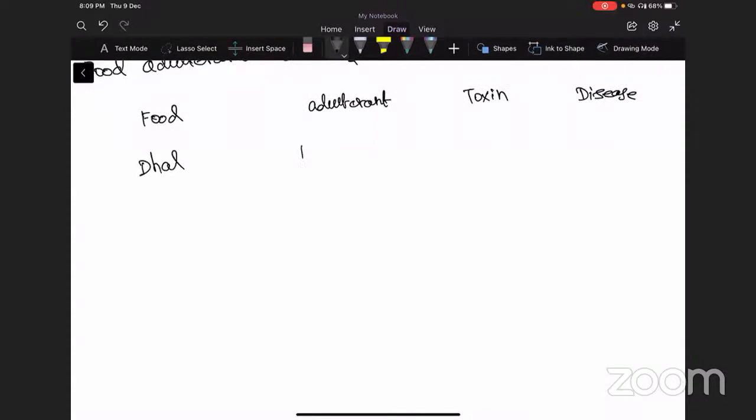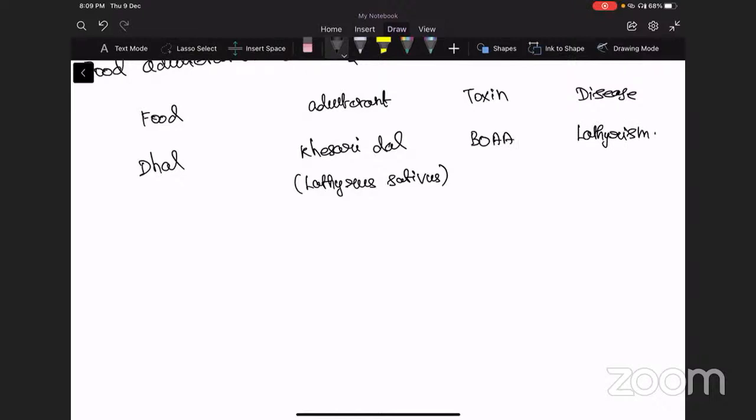Dal, adulterant added is kesari dal, also called Lathyrus sativus. Toxin is BOAA. Disease caused is lathyrism.